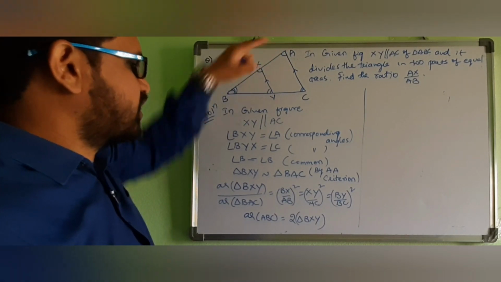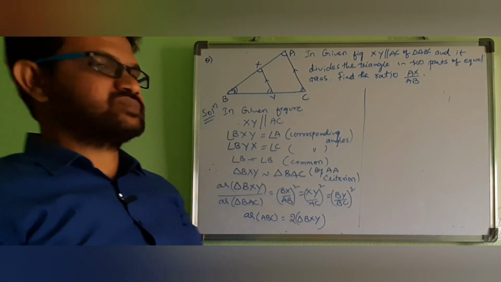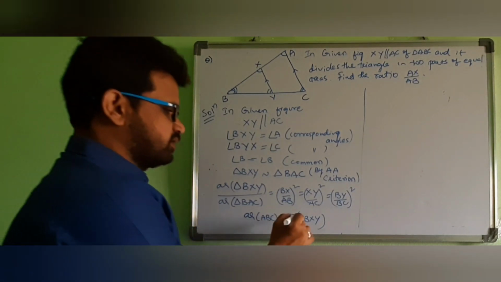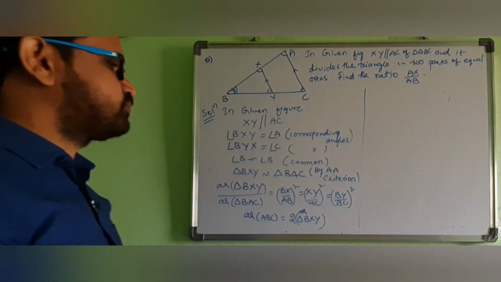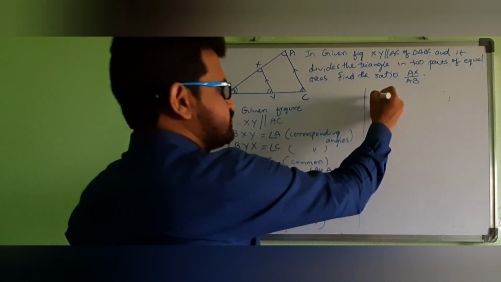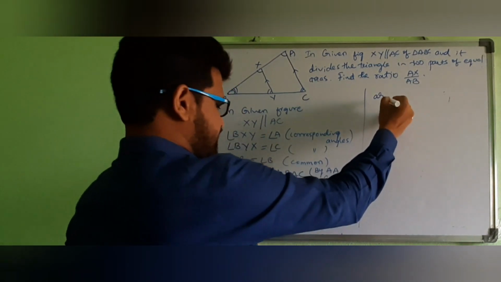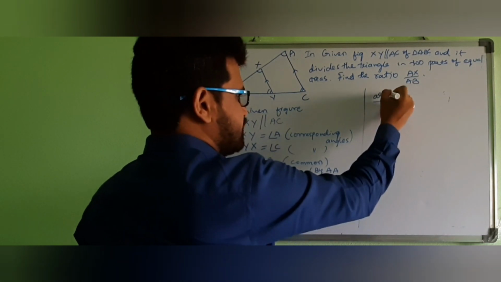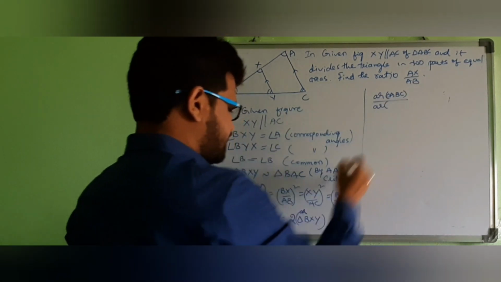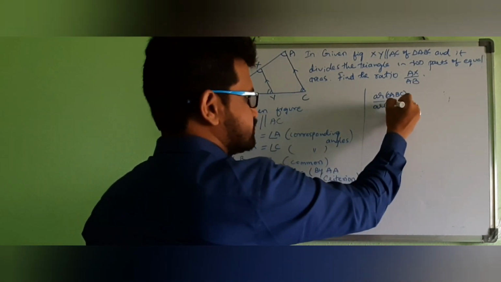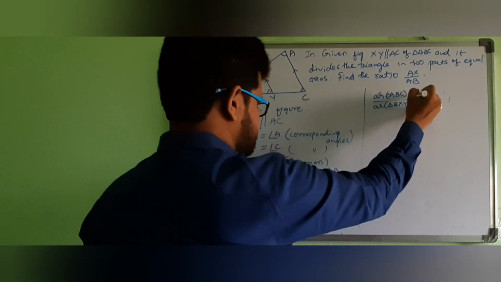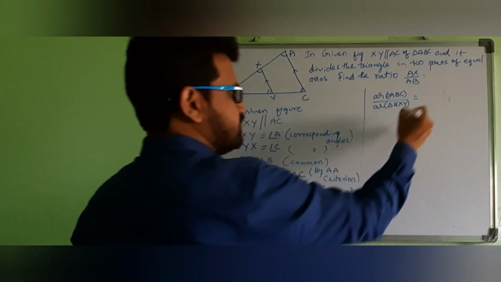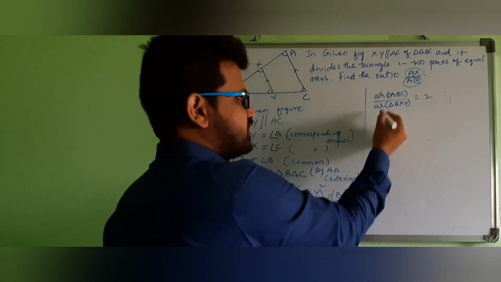So 1 plus 1 is 2, so 2 times the area of triangle BXY. Now area of triangle ABC divided by area of triangle BXY is equal to 2. Reciprocal on both sides.